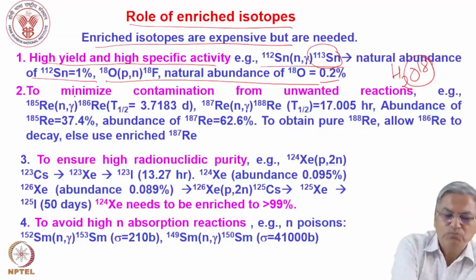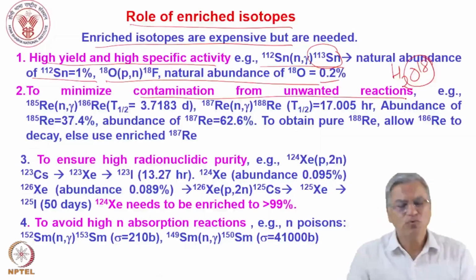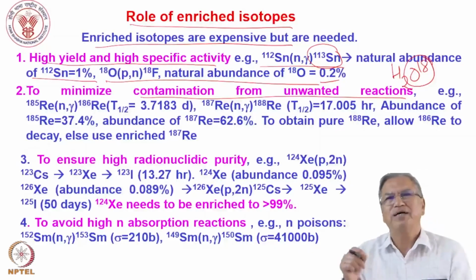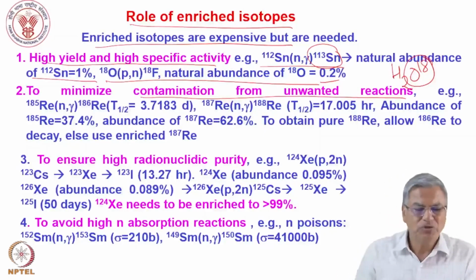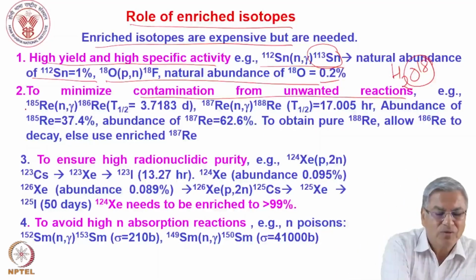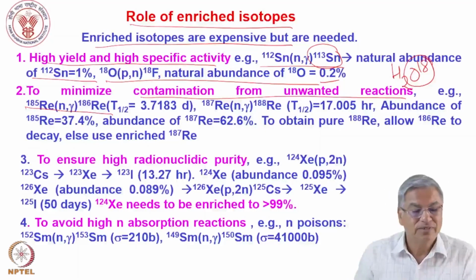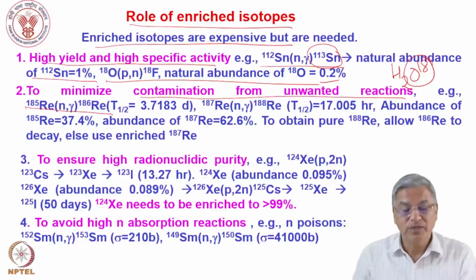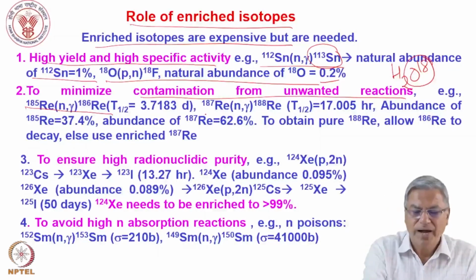Second requirement is to minimize contamination from unwanted reactions. You are looking for a particular isotope, but there are other target isotopes which may give you unwanted activity which is not desired. For example, 187 rhenium N gamma gives 188 rhenium. We want 188 rhenium for our application, but there is another reaction, 185 rhenium N gamma, 186 rhenium, which is not required.